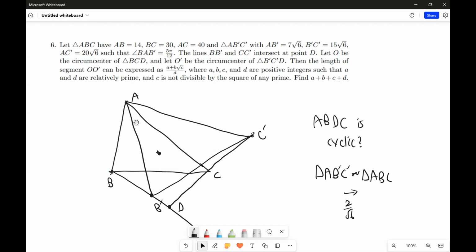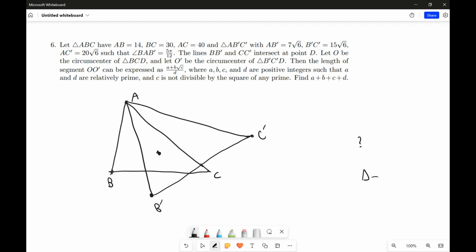But the center of spiral similarity is just A, which means that ABDC is cyclic by spiral similarity. So now that we know that this is true, the point D is entirely irrelevant.